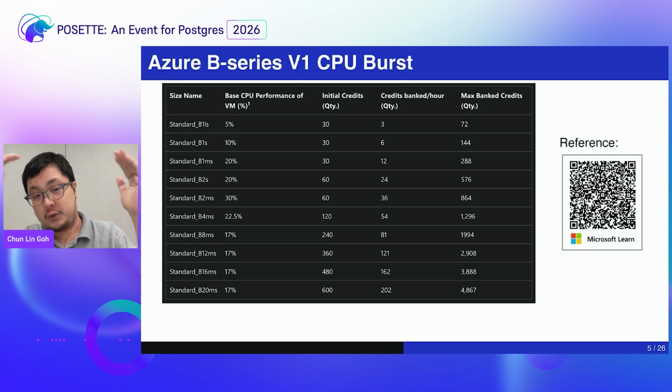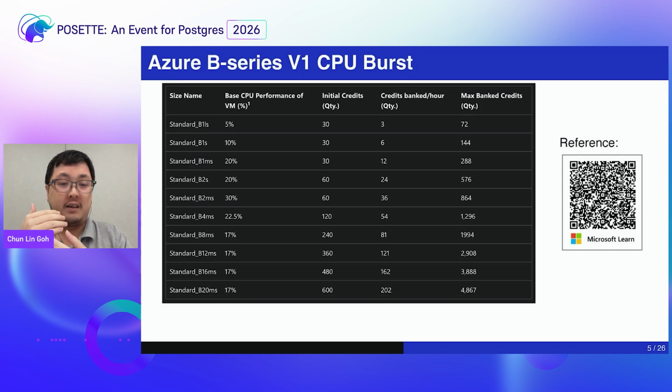So when your CPU is throttled and you are using less than 36, the excess amount will be saved. And how much can you save? Of course, it is based on the size of your instance. If it's B2MS, the maximum is 800 x64.